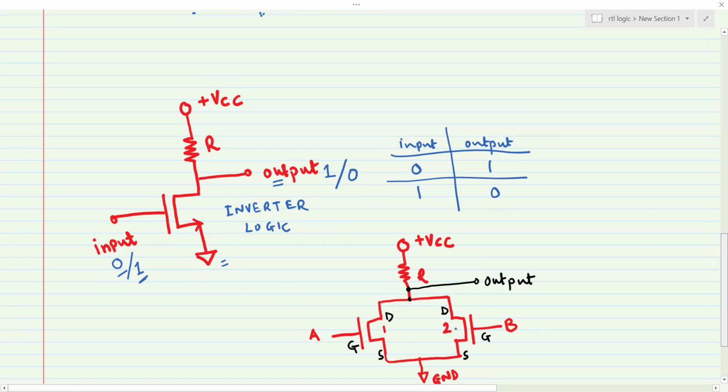Now I want to understand what combination it gives me.